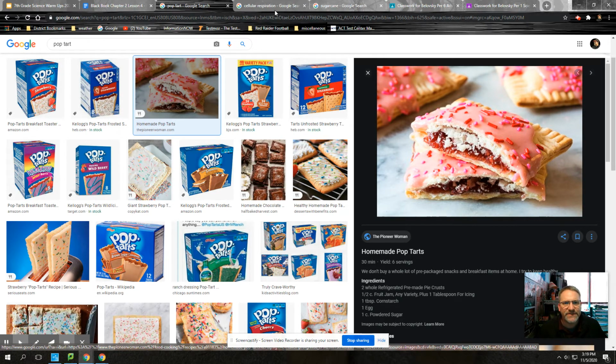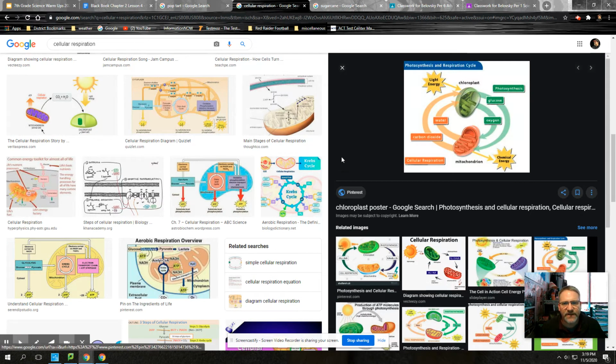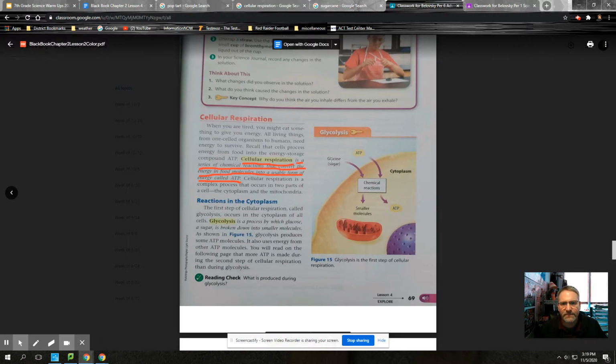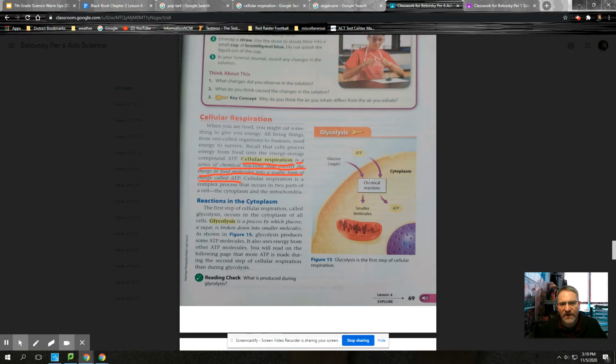The sugar enters into your cells and chemical reactions take place that make those sugar molecules smaller. It goes into your mitochondria and makes ATP, or it enters your cytoplasm and makes ATP there.